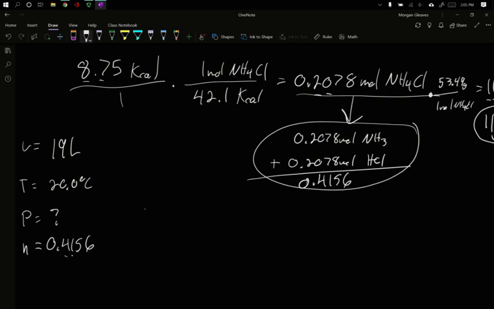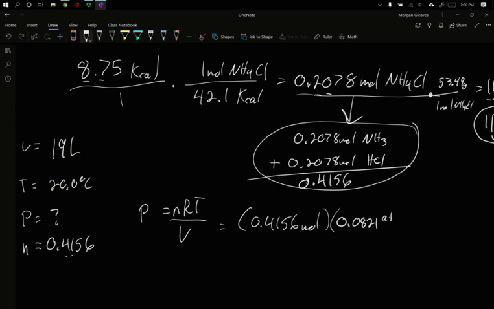I want pressure on its own. PV equals nRT. I need to move the volume, so I divide it over. My moles, 0.4156. My R value, well, it depends what pressure we want. Maybe you chose a different one, but let's do atmospheres since we've been doing that this practice. 0.0821 atmospheres, liters, mole Kelvin.